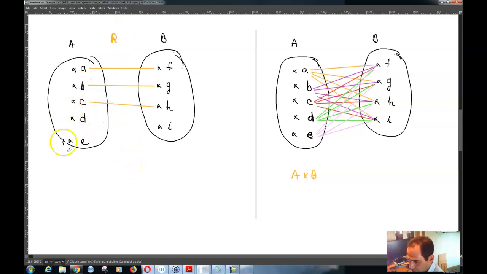Now, since these two elements are not connected to anything, they are not a part of the domain of this relation, because the definition is saying that the set of all first elements of the ordered pairs in a relation R from a set A to a set B is called the domain of the relation R. And as you can see, D and E are not a part of the ordered pairs over here.